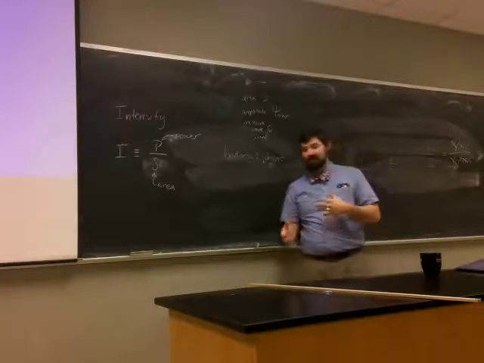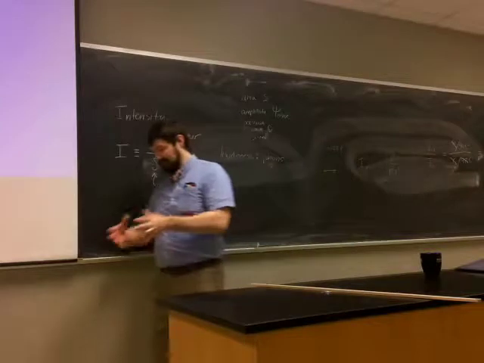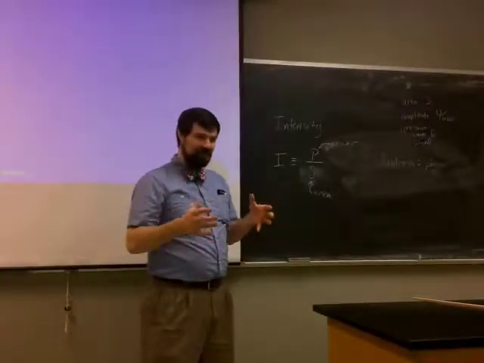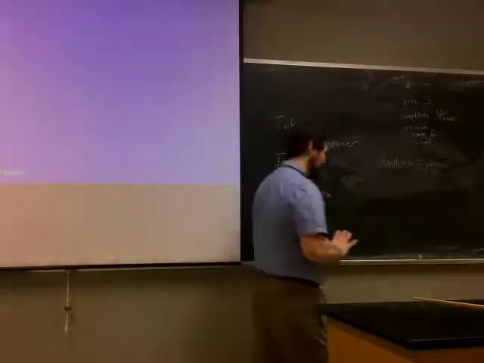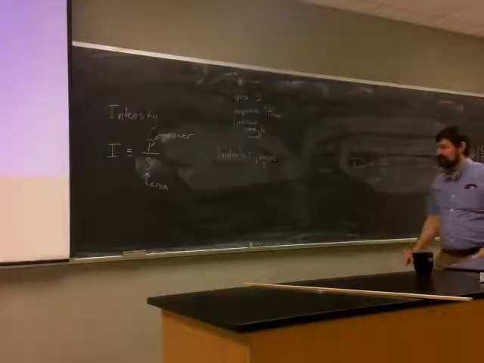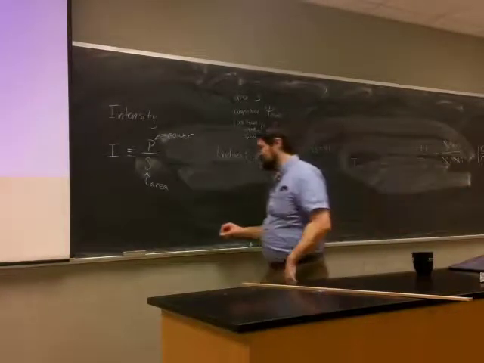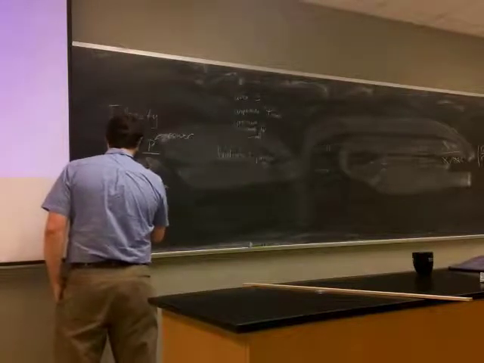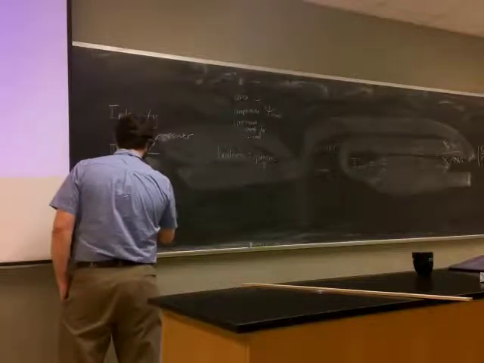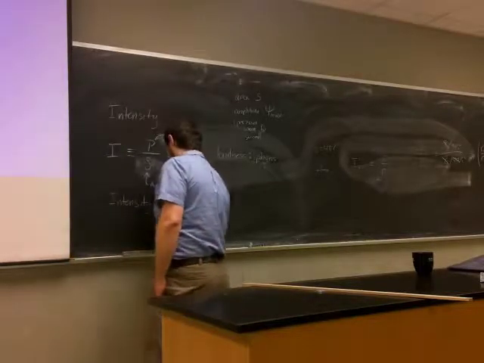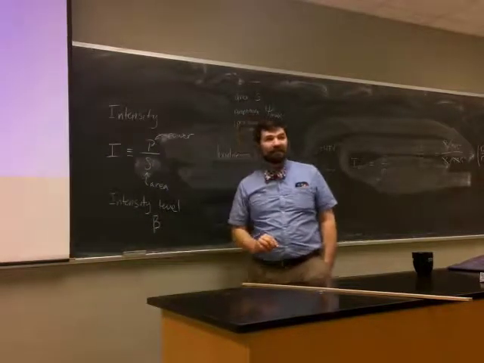So in order to keep track of the fact that we have such a wide number of possible intensities, we use the decibel scale. The decibel scale is logarithmic. We usually write decibels as an intensity level. We use a beta for that.